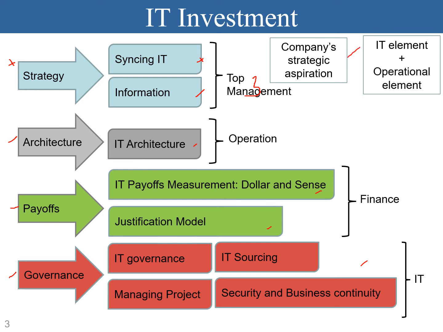So IT elements should be blended together with operational elements to achieve the business goal. So in chapter 2, information is discussed about how IT strategic tools are used to convert raw data into information that will give a competitive edge to the company. Okay. So now part 2 is architecture.